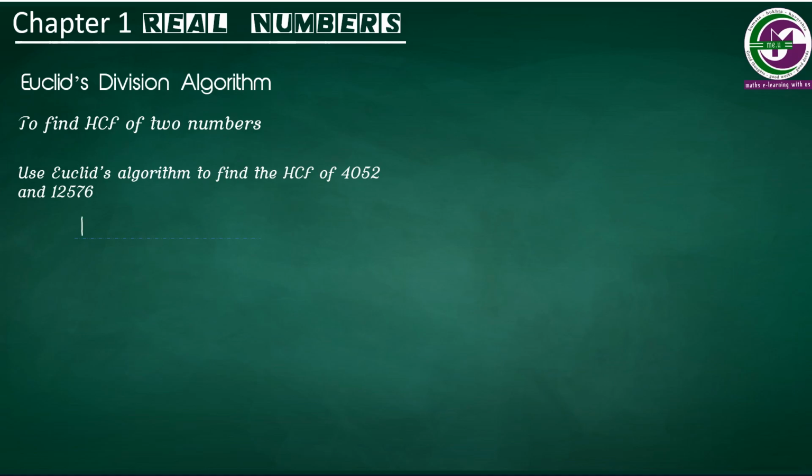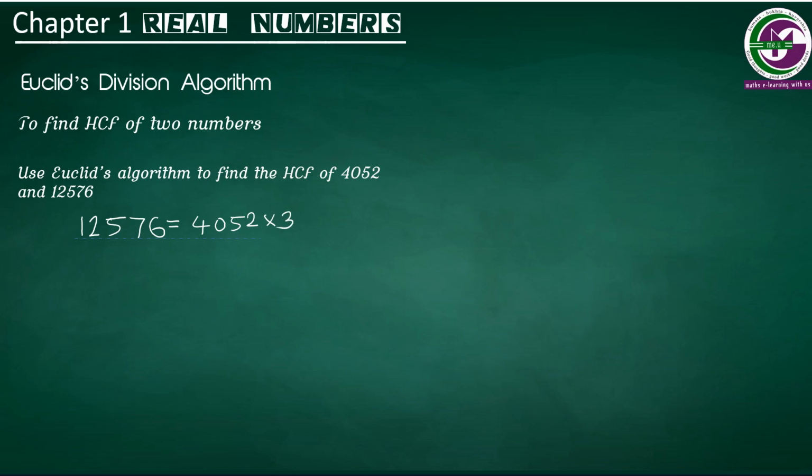So 12,572 equals, we'll take the second number as the divisor, 4052 times a number. We need to fill in a number here. If you divide, you'll get the quotient as 3.